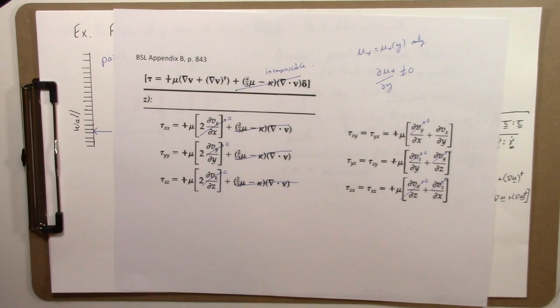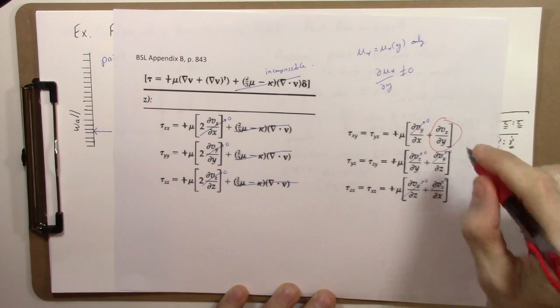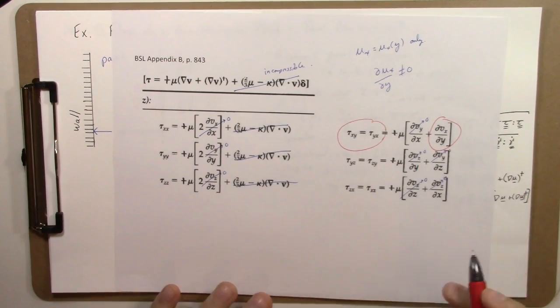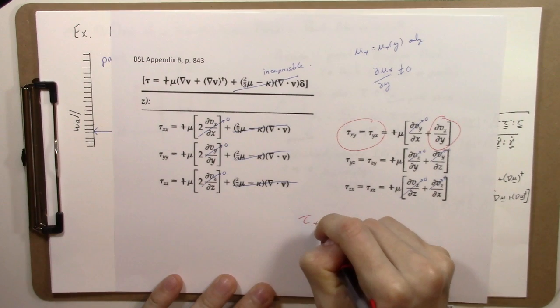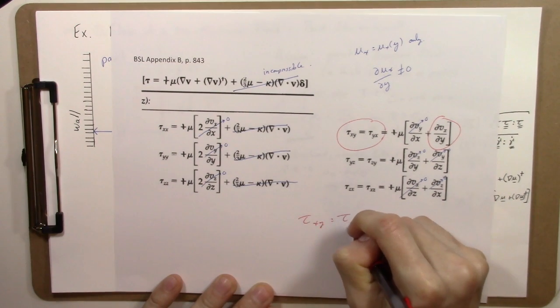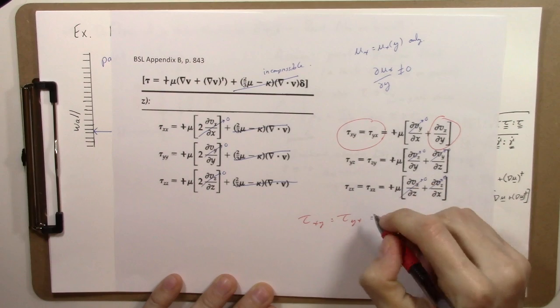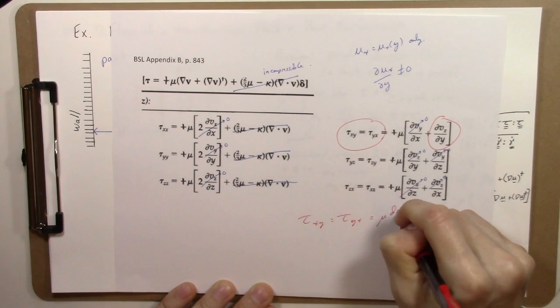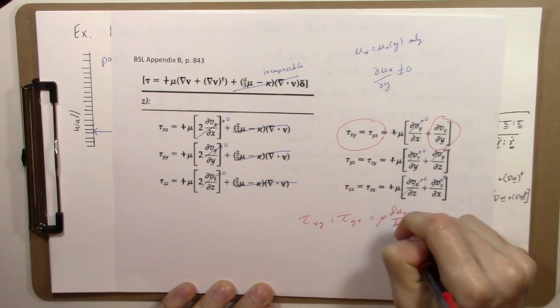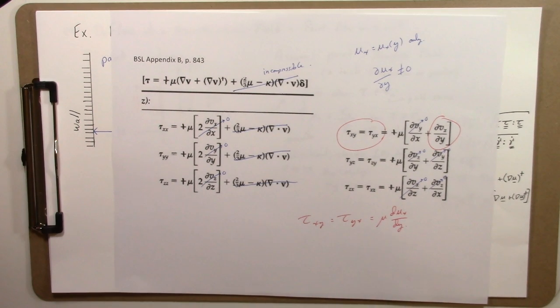So the only components of the viscous stress tensor that are non-zero will be these right here. So we'll get tau xy, which is equal to tau yx, is equal to mu dux dy. Every other component of the stress tensor is equal to 0.